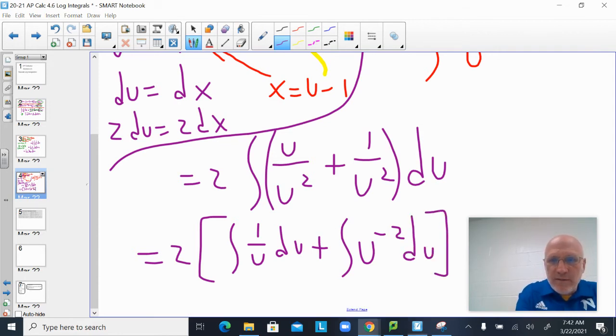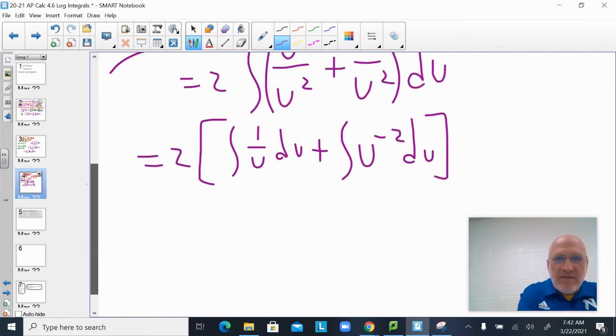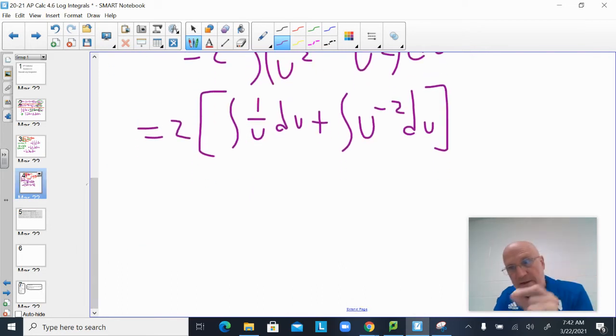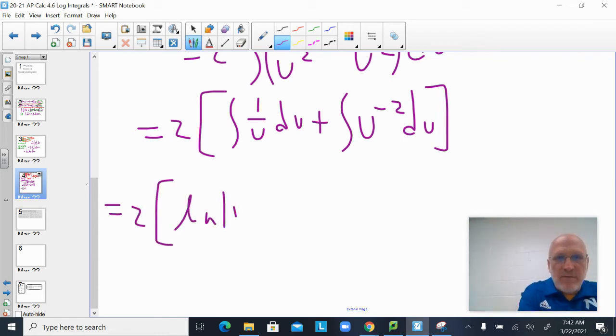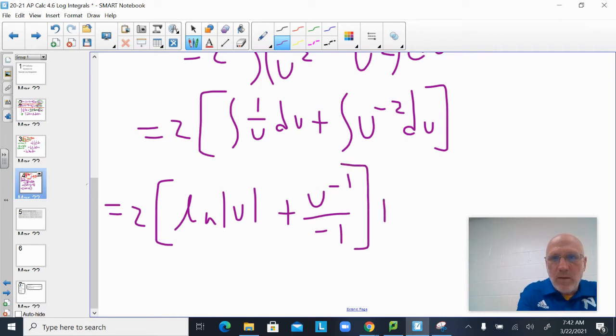Now you'll notice that I've got 2 integrals. One of them does turn out to be natural log, the first one. The second one's just a power rule. So this is 2 times, this one's natural log of the absolute value of u, and then plus, I'll write this as u to the negative 1 over negative 1, plus c. I might clean this up. I could either leave the 2 way out front or distribute it.